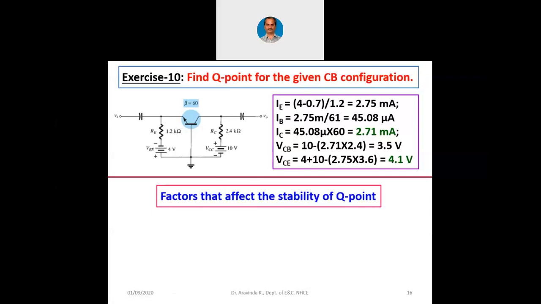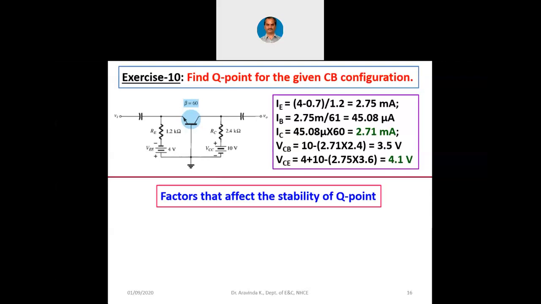For example, in this circuit, if we have designed the circuit for VCE equals 4.1 volts and IC equal to 2.71 milliamps, we expect that the circuit will always work only with these two coordinates of the Q point, and we expect that the transistor will always remain in the active region.